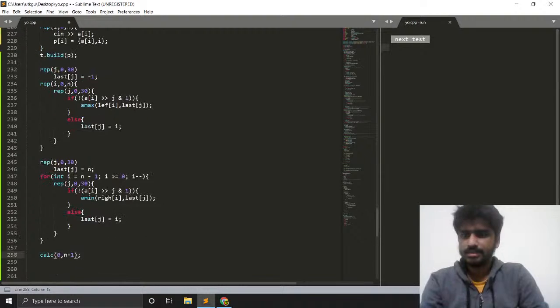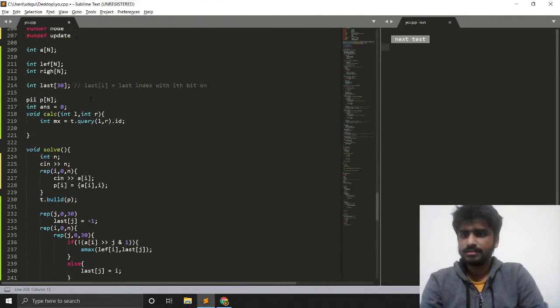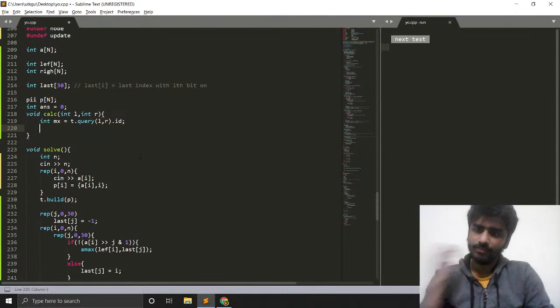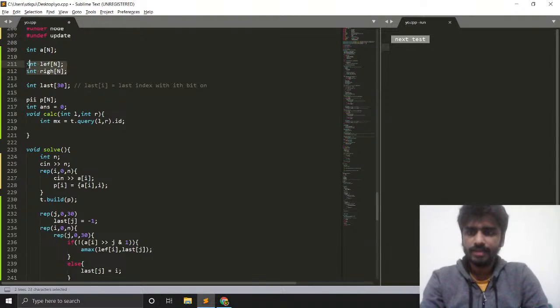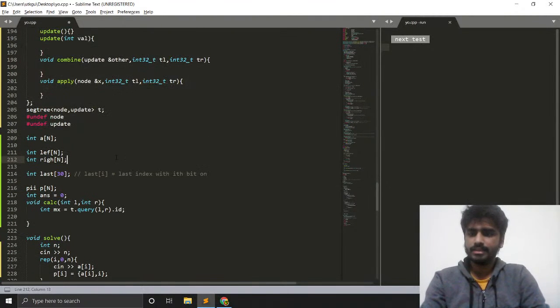Okay, now I just have to do the main thing here. Now I have calculated both left and right, and I also have the segment tree to find the maximum index. Now once I've found the maximum index, I can do the normal divide and conquer thing.